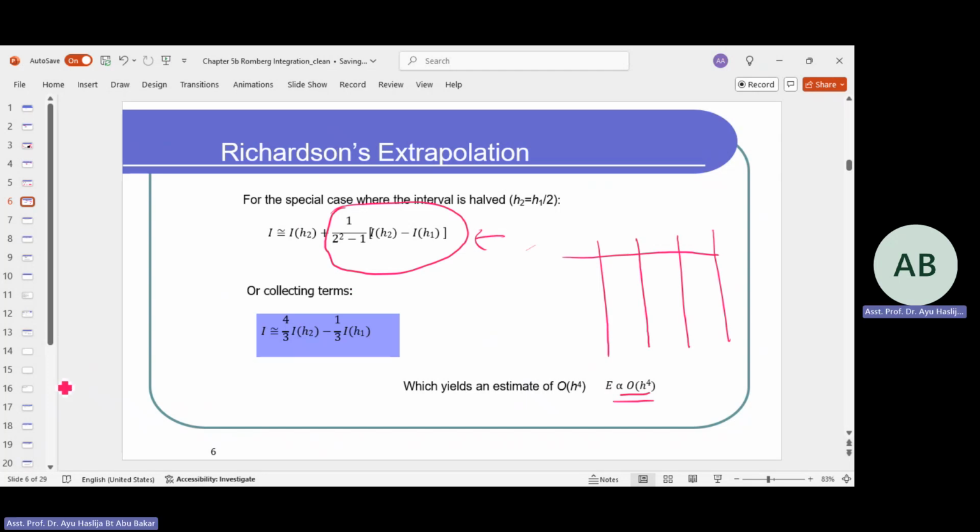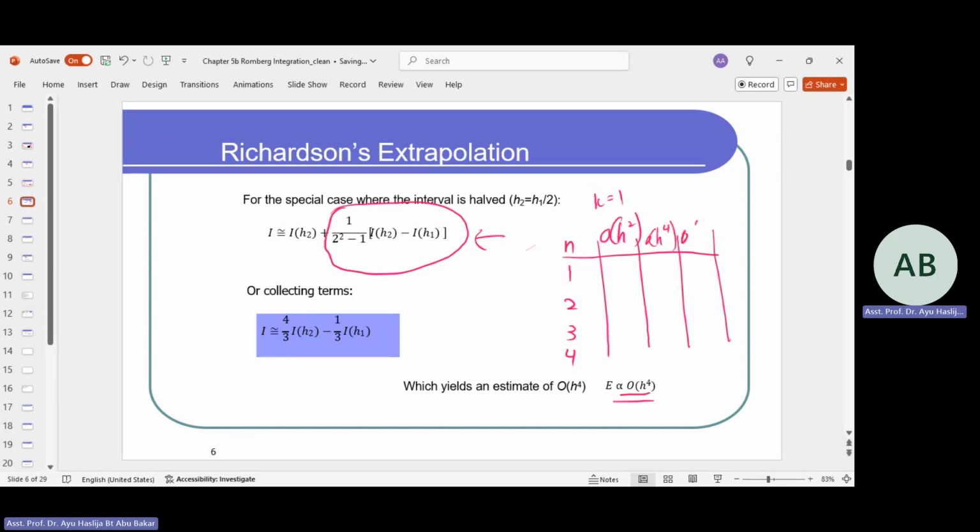Now, I explain first. For example, you have these 4 sets of segments. The first integration, the first level, brings O(h^2). Second level, O(h^4).